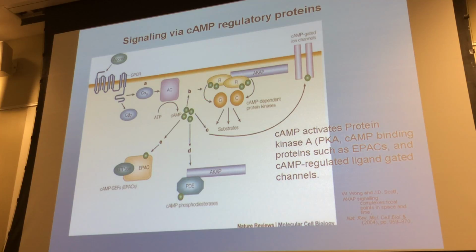So our cyclic AMP levels are going to be modulating not only through the kinases that are PKA, but here we have another small group of proteins called EPAC.